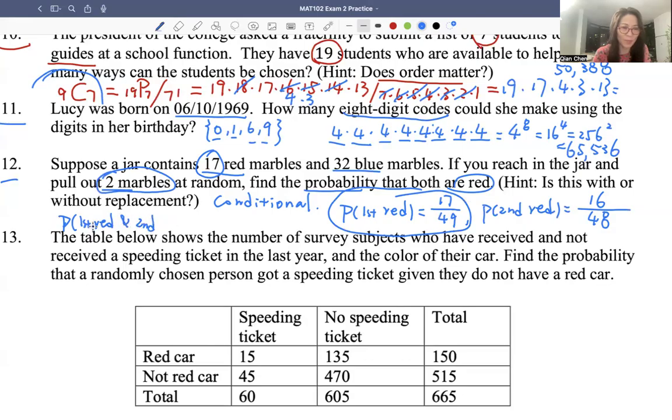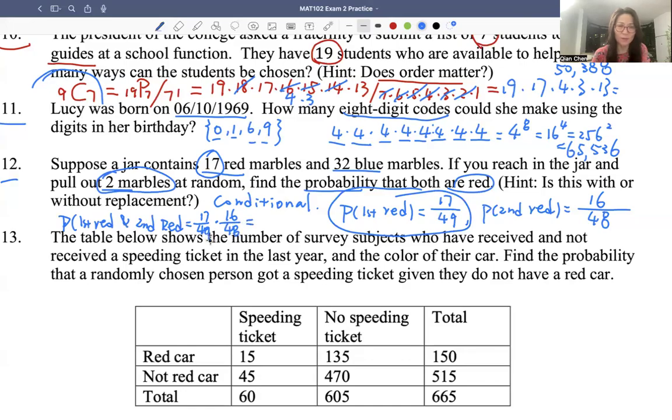Remember, probability of A and B, 2 events, equals to probability of the first one, 17 out of 49, multiply by 16 over 48.